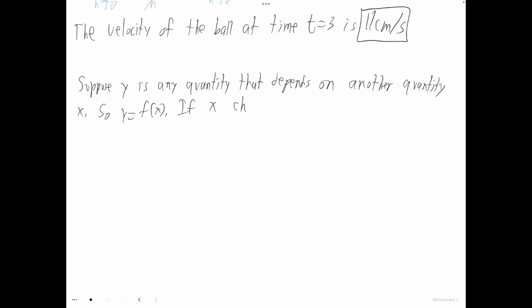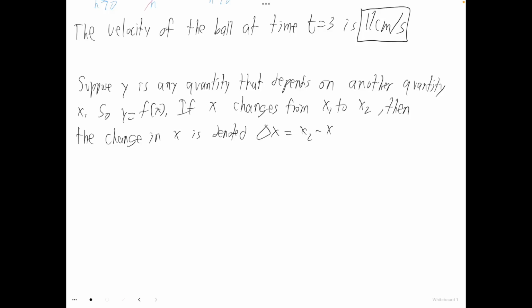If x changes from x1 to x2, then the change in x is denoted delta x, which is just x2 minus x1, and corresponding to this change in x is a change in y.